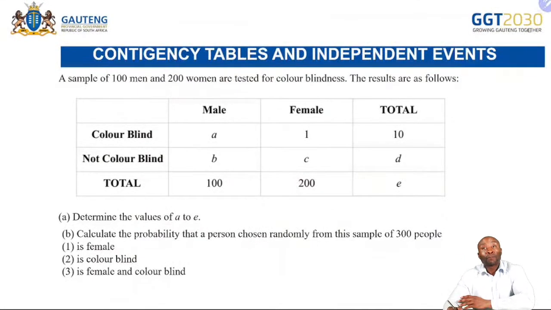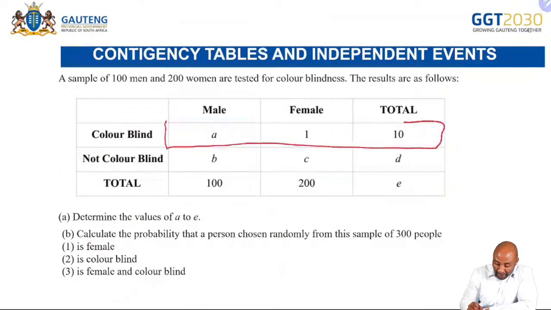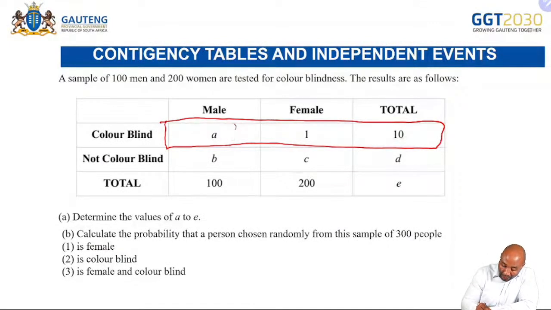Welcome back. I hope you were able to complete the table to determine the values of A, B, C, D, and E. Now, to get the value of A, it is easier. Our total there is 10. So to get the value of A, we'll say 10 minus 1, which will give us 9. 9 plus 1 will give us the total of 10.